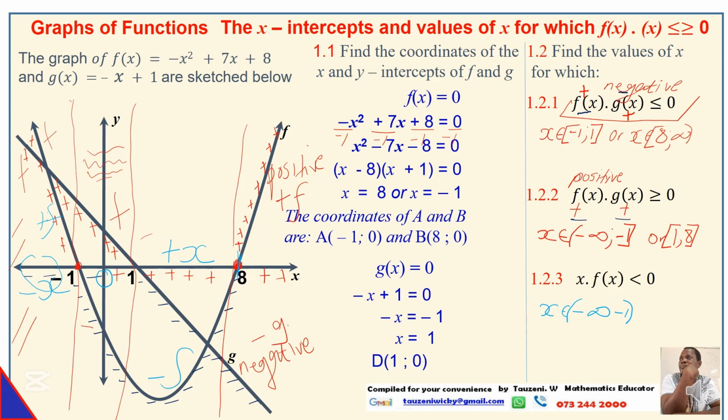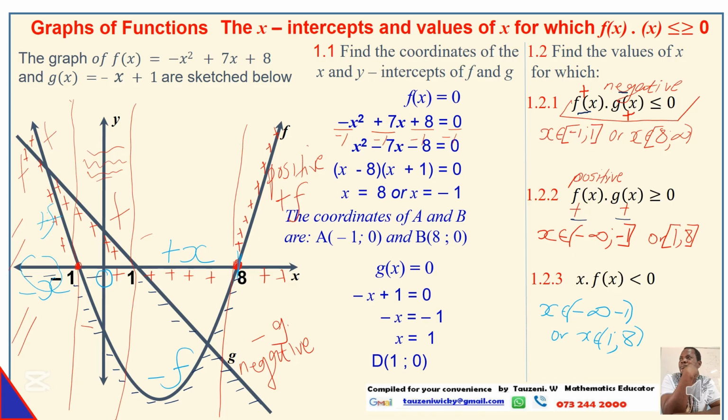So once again, if I multiply a positive x and a negative f, my answer will be negative. So my answer for this question carries on to say also from 1 up to 8. From 1 to 8, the two have different signs. That is f of x multiplied by x is less than 0.